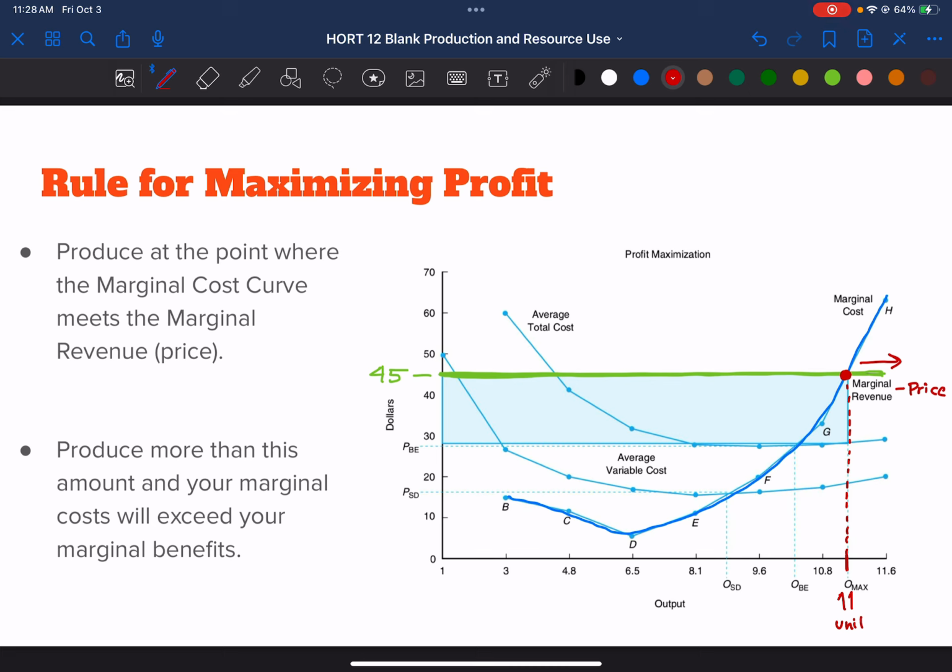If you were to keep going and produce 12 units, 13 units, 14 units, your marginal cost, your additional cost per unit of output, is higher than the price, right? So that means that with every unit you produce, you're actually losing money. So you want to produce right in here where the marginal cost and the marginal revenue meet.